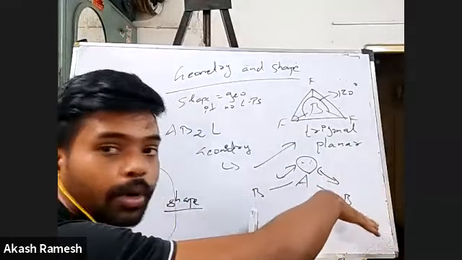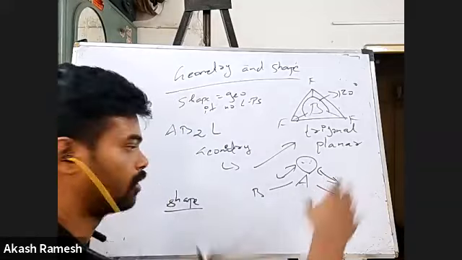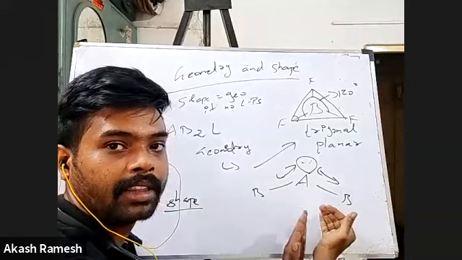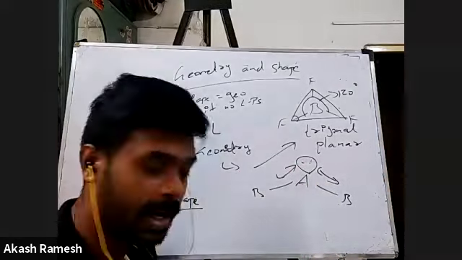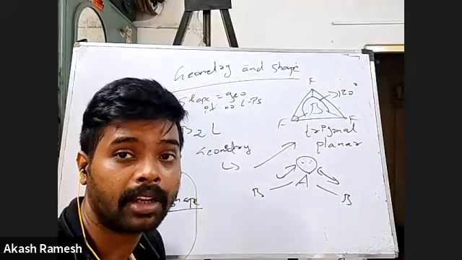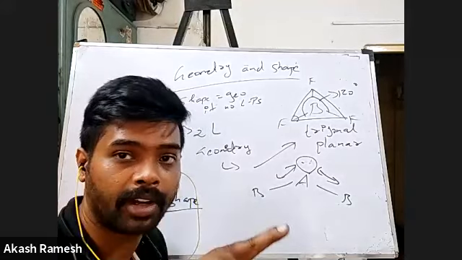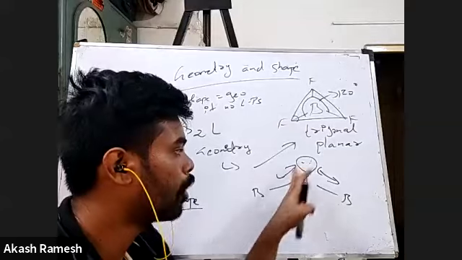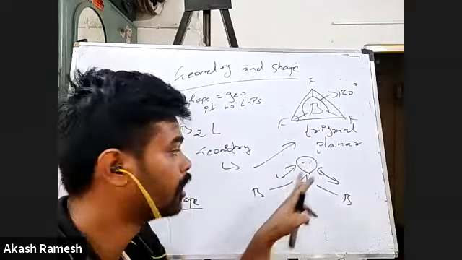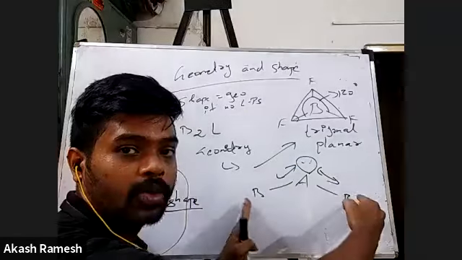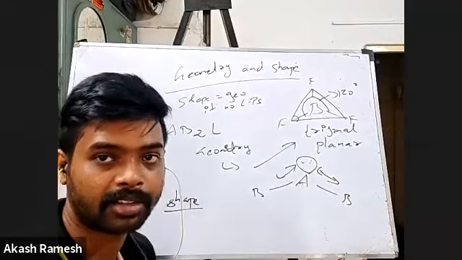Yes, that will be increasing. But which has to be given more priority? More priority has to be given to lone pair bond pair repulsion. So these two bonds will come together, constrict like this.